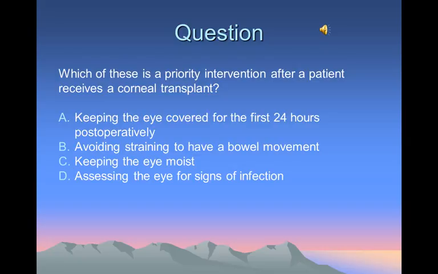You want to do warm, moist compresses and antibiotic ointment or drops for the conjunctivitis, the chalazion, or the hordeolum. Keratitis is where you have the corneal ulcer. The treatment for that would be to treat whatever disease is causing the ulceration. If it's too late for that, then the patient may have to receive a corneal transplant.